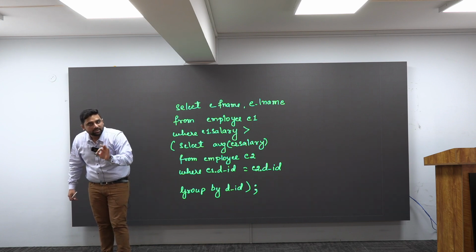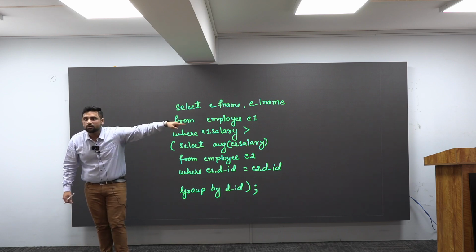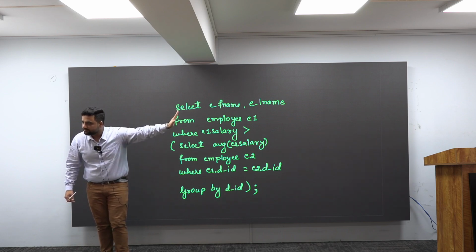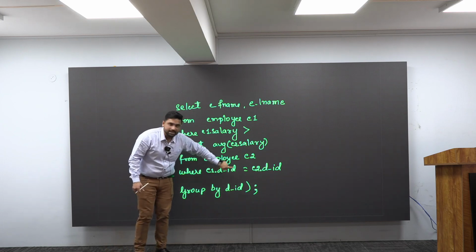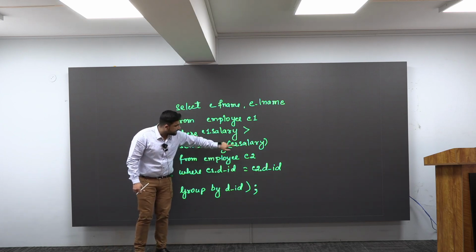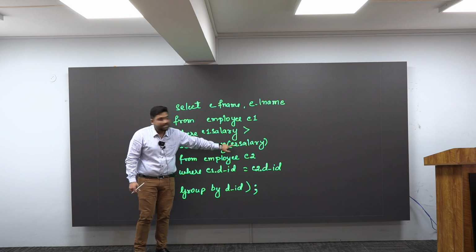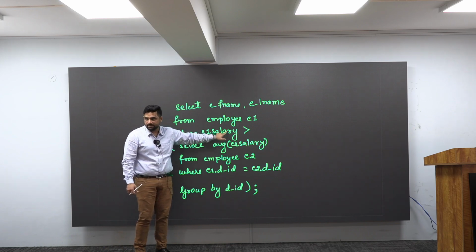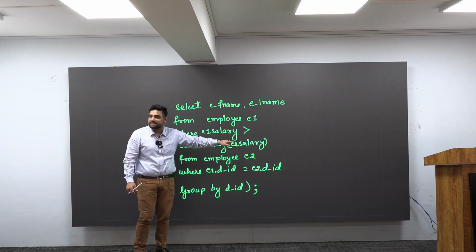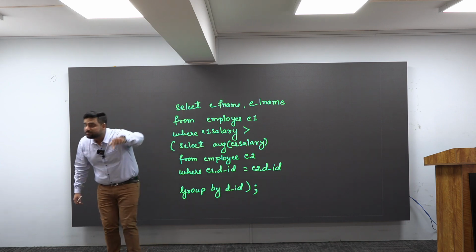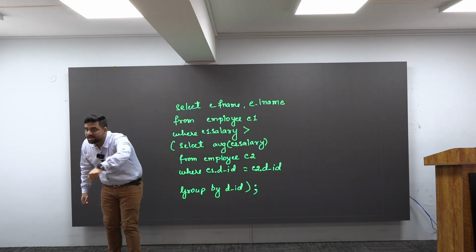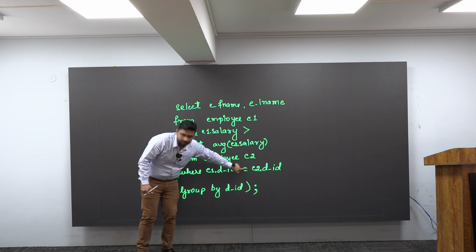If Thomas belongs to department 22, then it will compare with department 22 only. So with the help of this only we are comparing the departments. And here we are getting the average salary, and here we are comparing the salary. That salary should be greater than the average salary of their department.